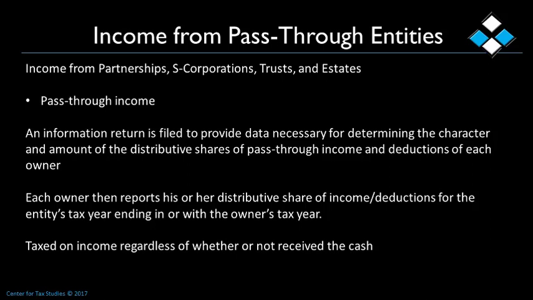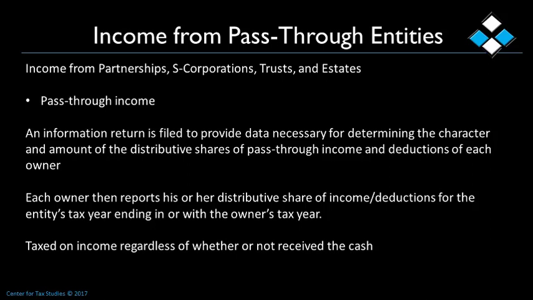So an information return is filed to provide data necessary for determining the character and amount of the distributive shares of pass-through income and deductions of each owner. Each owner then reports his or her own distributive share of income and deductions for the entity's tax year ending in or within the owner's tax year on their 1040.